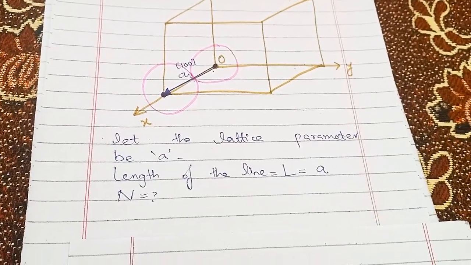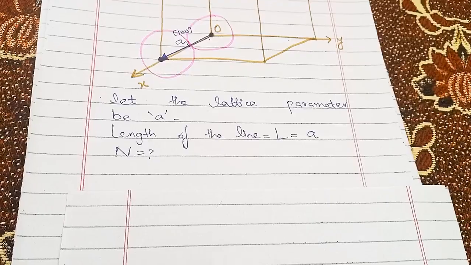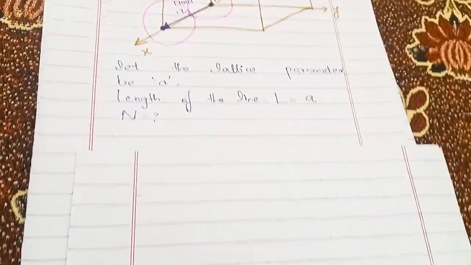And how you will calculate the net number of atoms and how you will assign a number to it, let me clarify this to you.